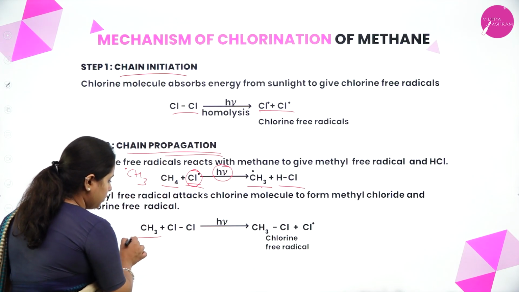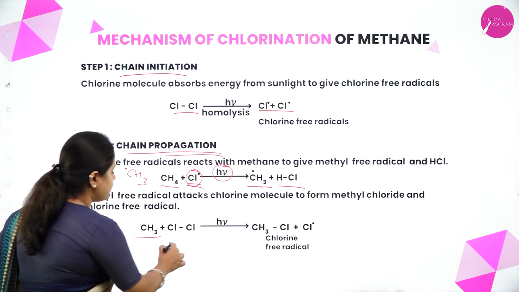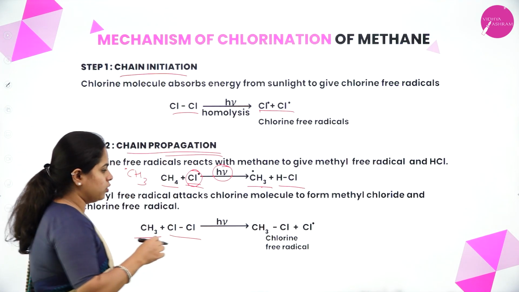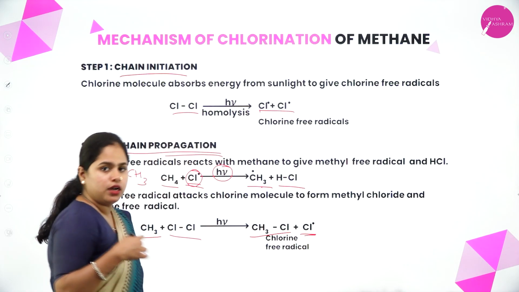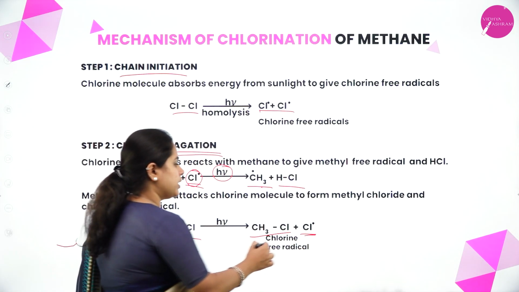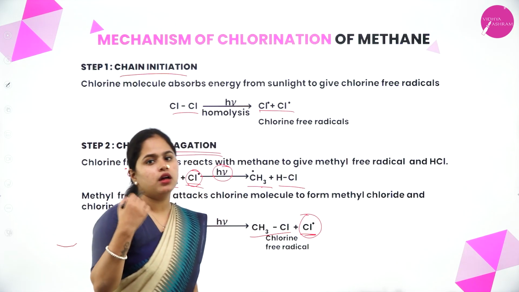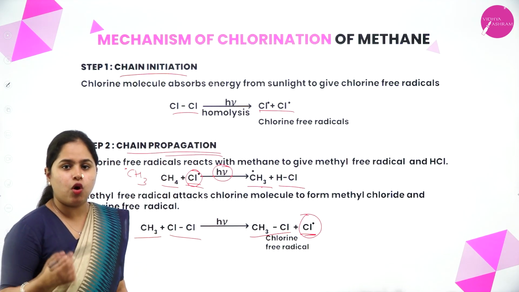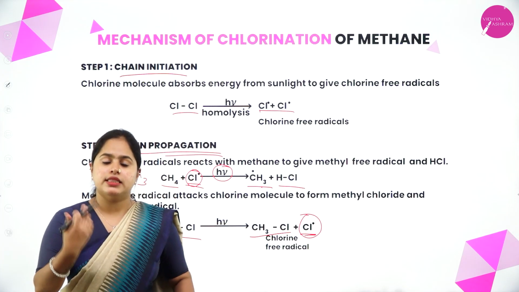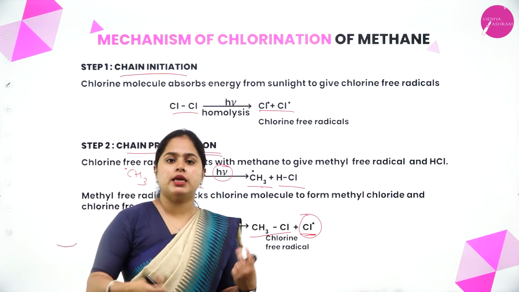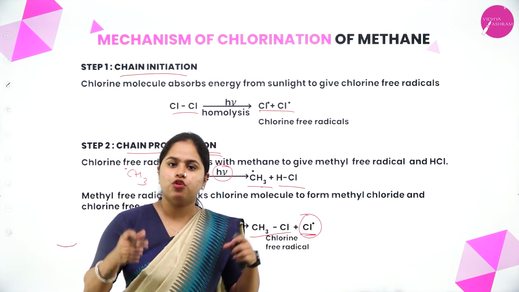That means the methyl radical combines with a Cl2 molecule and forms methyl chloride and a chlorine free radical. So again you will get a chlorine free radical, and the procedure will repeat. This is why it is called a chain propagation step, because the reaction keeps on happening. So how do we terminate this?